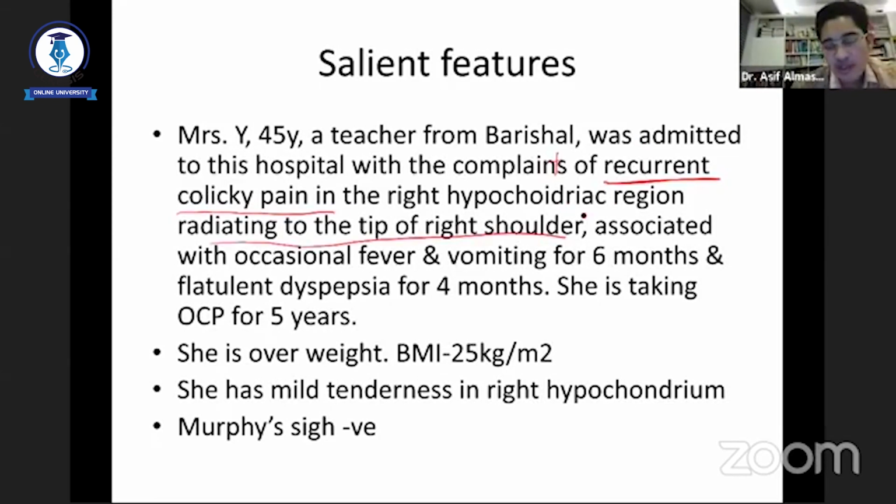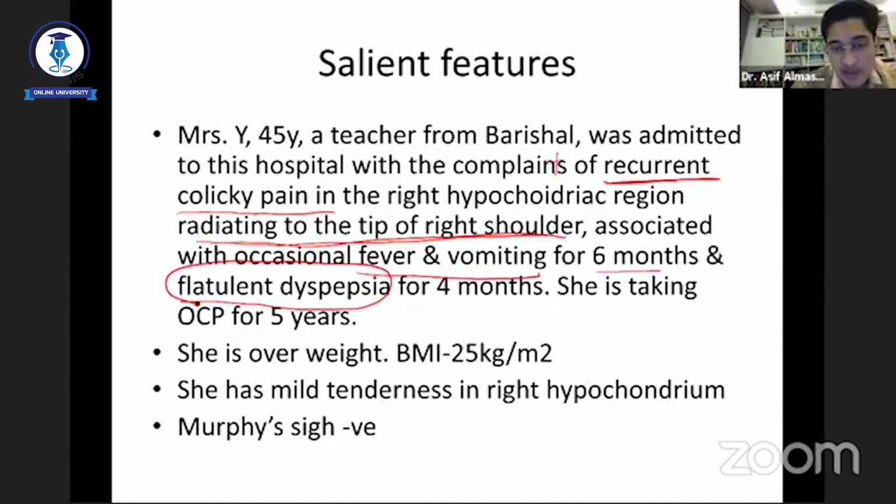Now, what I'm doing here, look at this. I am deliberately telling my examiners that I am going in the direction of cholecystitis. I am not writing about all the features. I'm writing about recurrent colicky pain radiating to the tip of the right shoulder. Features which are very much suggestive of cholecystitis, associated with occasional fever and vomiting for 6 months, and also has flatulent dyspepsia.